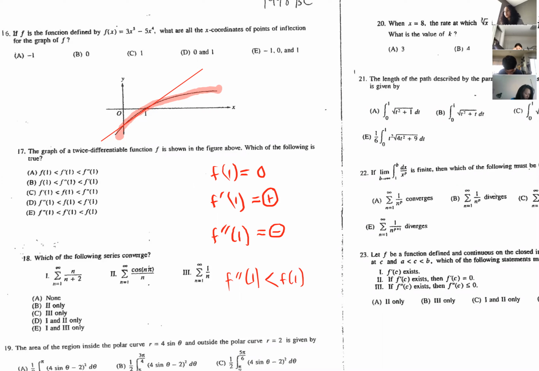The positive value has to be the biggest number, so that's f prime of 1. So for 17, this would be letter D. Because the concavity is negative, the second derivative is the smallest. The y-coordinate at 1 is just 0, so that's in the middle. And the derivative has to be positive, so that's the largest number. It ties so much together in such a simple, elegant problem.